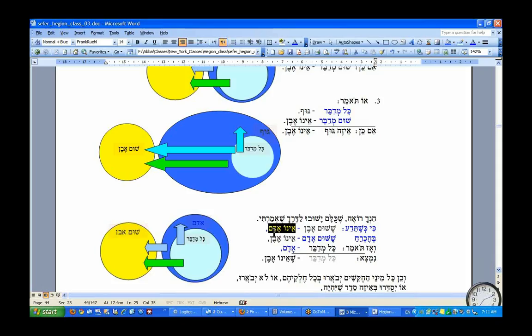If I would have said, Shum Eben Eino Adam, and then I would have said, Kol Medaber Adam, then you wouldn't have gotten there. Because his point here is that you could reverse the subject and predicate when it comes to this type of logic statement.